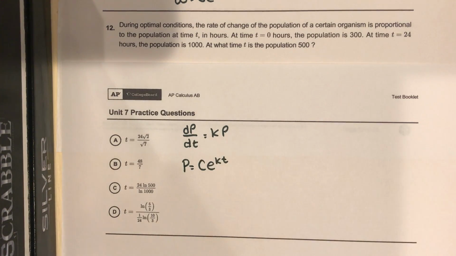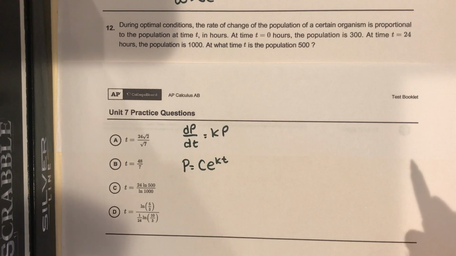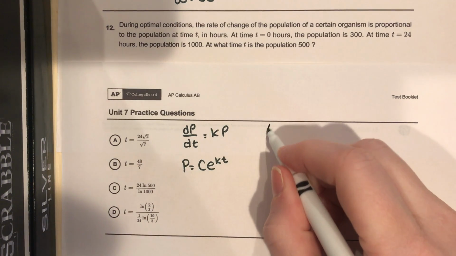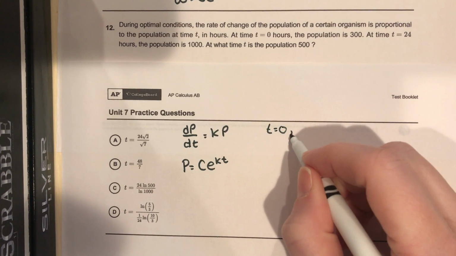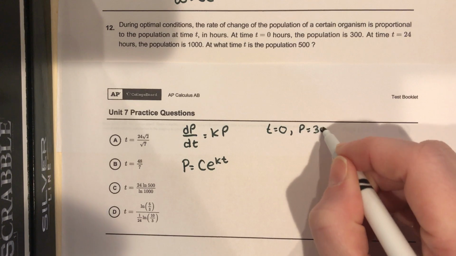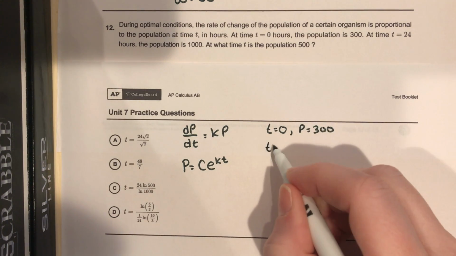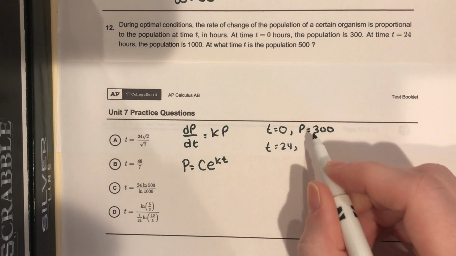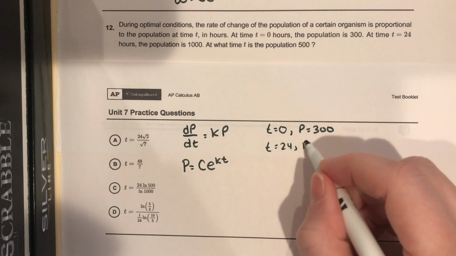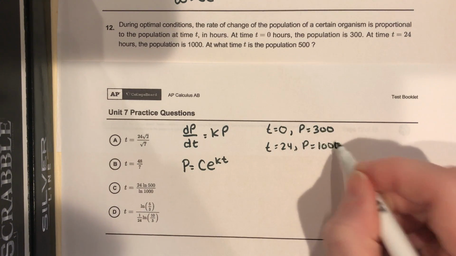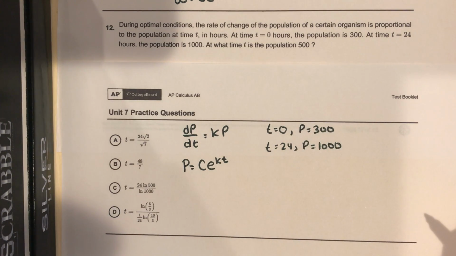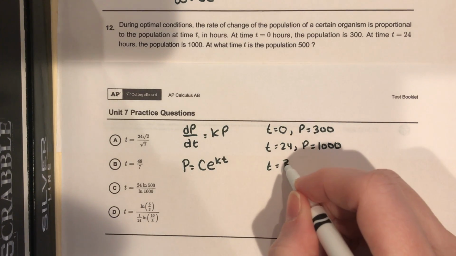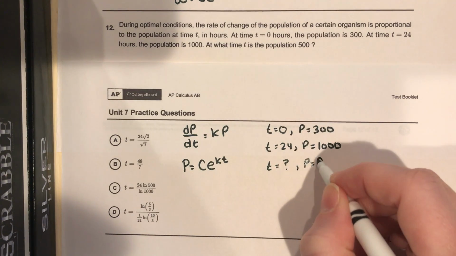Again, you can totally separate the variables and solve. You'll get the same thing. So I'm going to make a list of my givens. At time t equals 0 hours, the population is 300. At time t equals 24 hours, the population is 1,000. We're going to find the time when the population is 500.